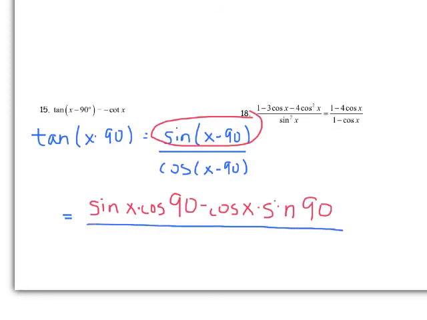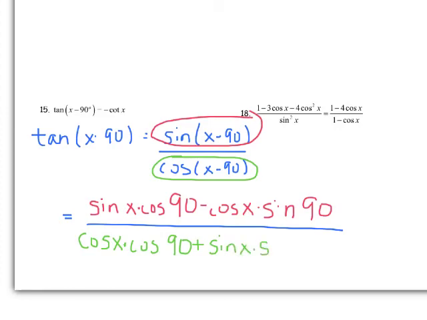The denominator, cosine of x minus 90, I can rewrite as cosine A minus B, so cosine x times cosine 90 plus sine x times sine 90. I still need to be able to evaluate that 90 degrees. Look at all these 90s.